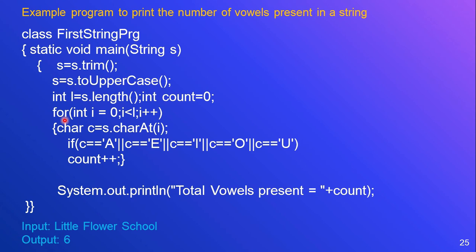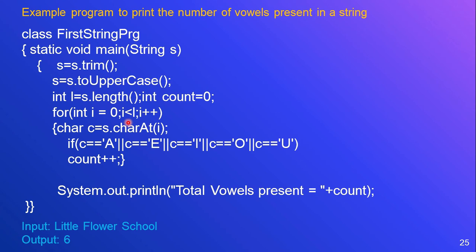Now for every string program we will be running a loop. I have started a for loop over here and its index is starting from 0. I am running the loop from 0 to less than l. See, suppose my string has a length of 6.